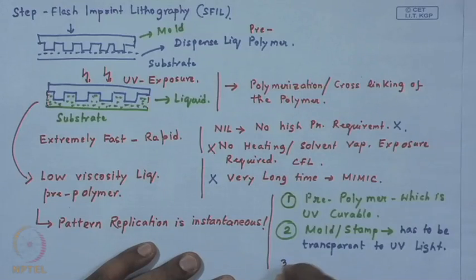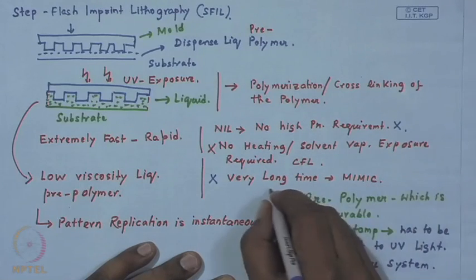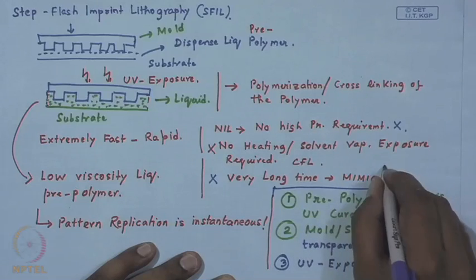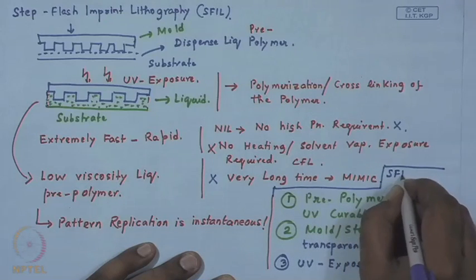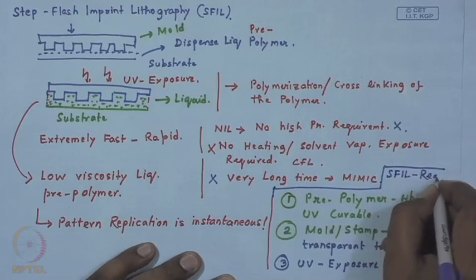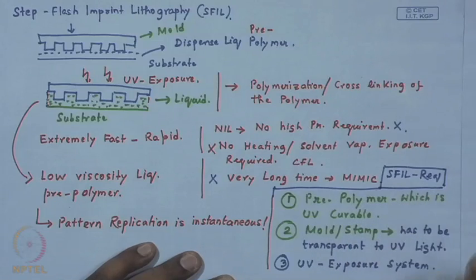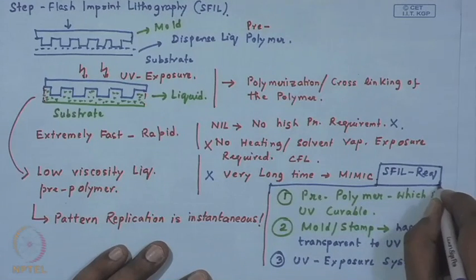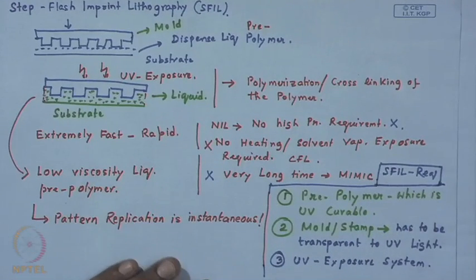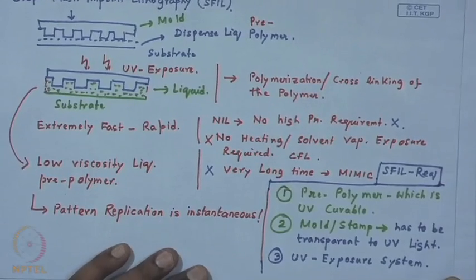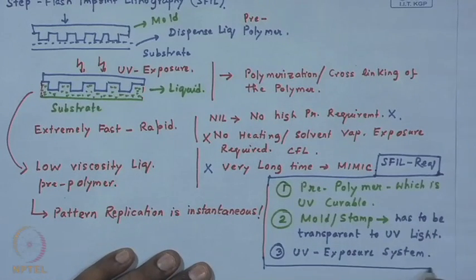So, this is the second requirement. The third requirement is, of course, you need to have a UV exposure system. These are the additional requirements for proper implementation of SFIL.